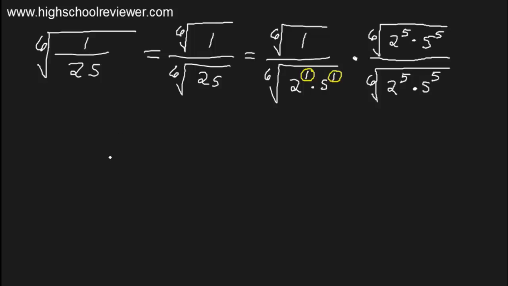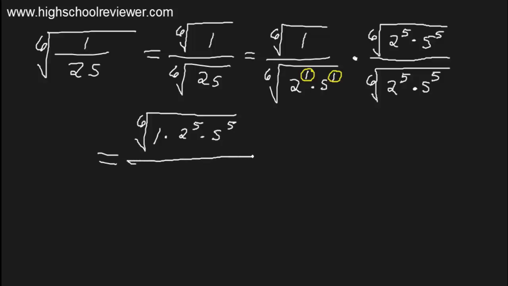Okay, so continuing, we can combine. So this will be the 6th root of 1 times 2 raised to 5 times s raised to 5, all over the 6th root of 2 raised to 1 times 2 raised to 5 times s raised to 1 times s raised to 5.